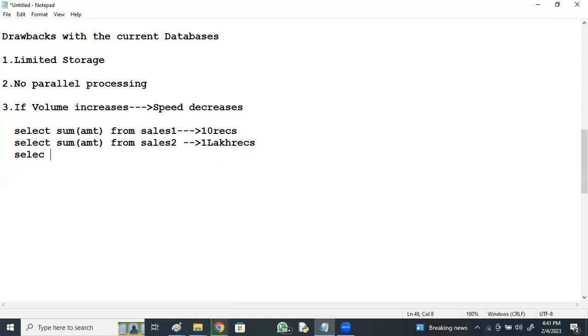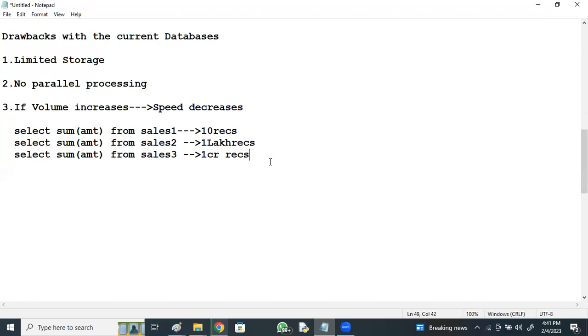Select total amount from sales 3, 1 crore records. I have 3 tables: in that, 10 records, 1 lakh records and 1 crore records.